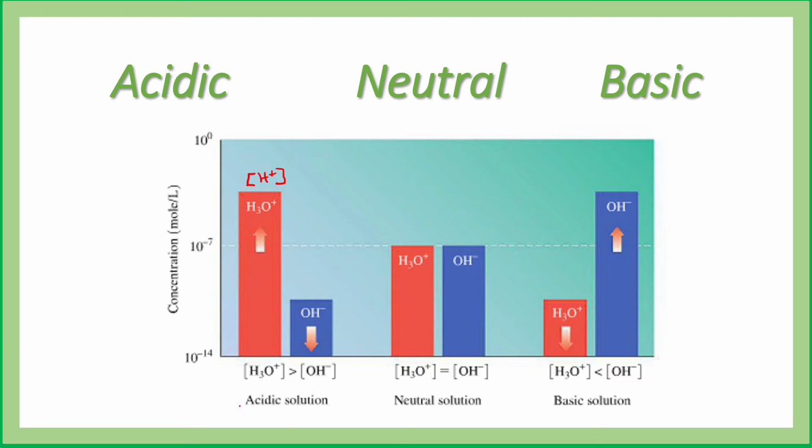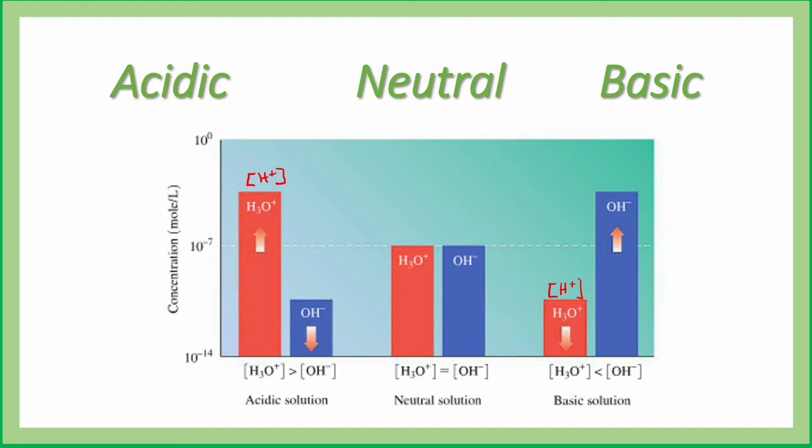That's an acidic solution, a solution which has more hydrogen ion concentration. If it's a neutral solution, those two ions are in equilibrium. And if it's a basic solution, the hydrogen ion concentration is less than 1.0 times 10 to the minus 7.